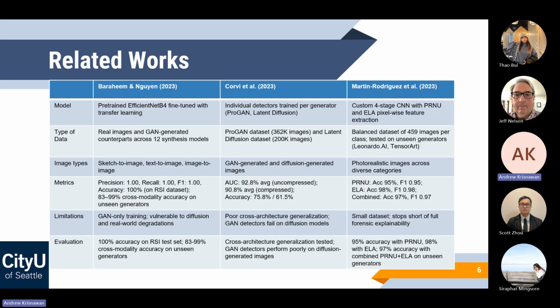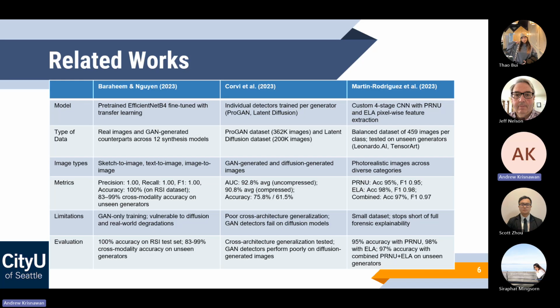I reviewed three key prior studies that directly informed my approach. Barham and Nguyen in 2023 fine-tuned an EfficientNet B4 using transfer learning across 12 different synthesis models. They achieved strong cross-modality accuracy, up to 99% on unseen generators, but their training was GAN only, making them vulnerable to diffusion-generated images and real-world degradations.